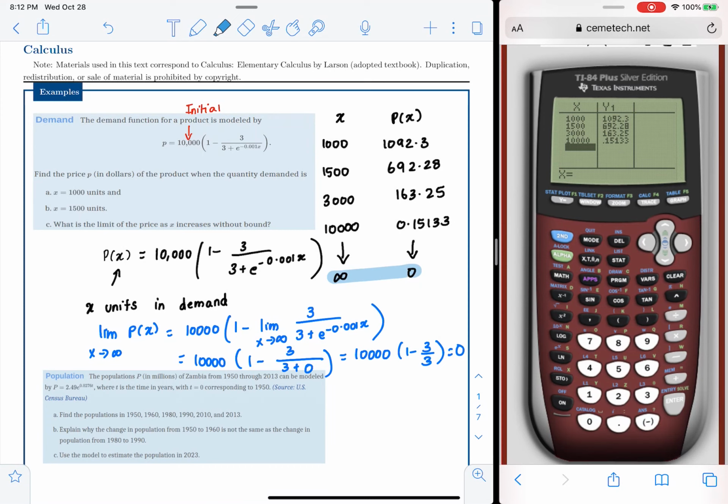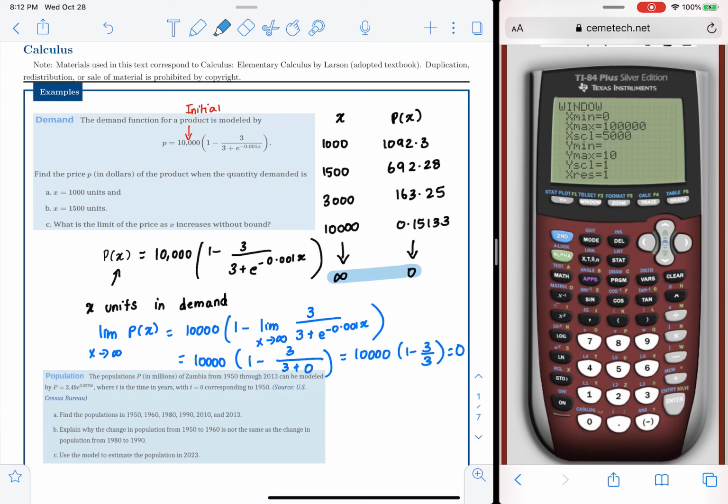So we have to choose appropriate ranges in this problem. So let's say the minimum value is 0 and the maximum value of x is 10,000. Or maybe we'll do 100,000. And let's scale in steps of 5,000, which is a lot.